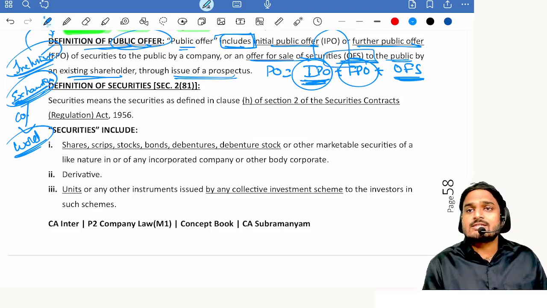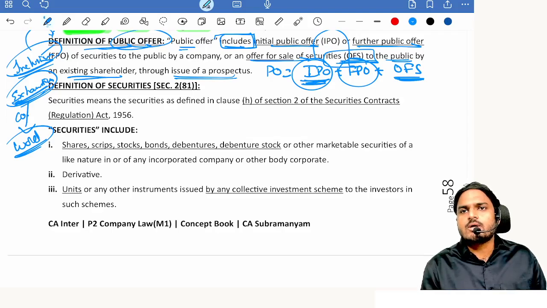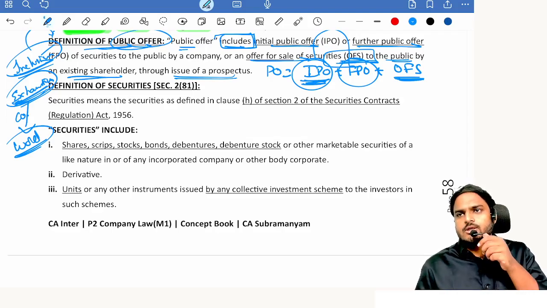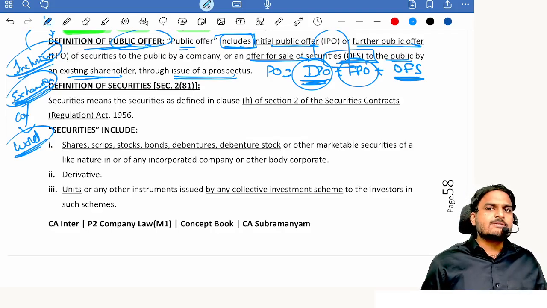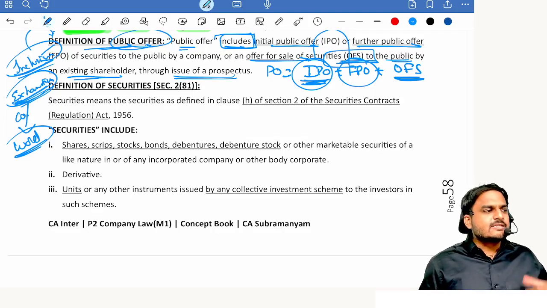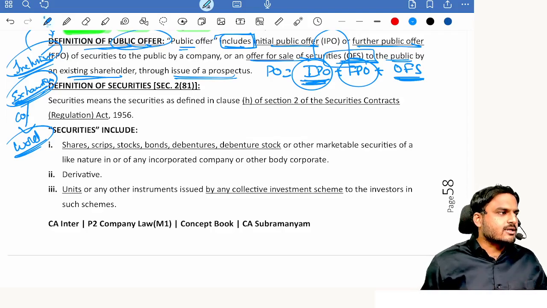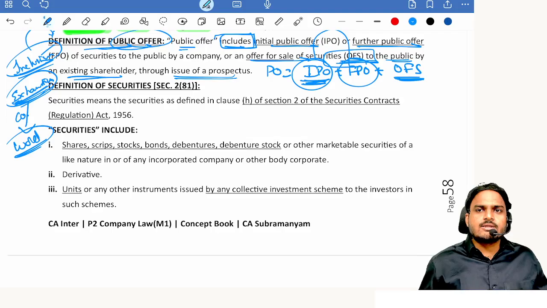And who is the selling shareholder in case of a government company? The President of India. If you take IRCTC as an example, in the next class I will show you the IRCTC prospectus. The selling shareholder is the President of India. If the President of India is selling 50% of the capital of that company, imagine, that company is no more a public sector undertaking; privatization happened. It is like a private sector company.